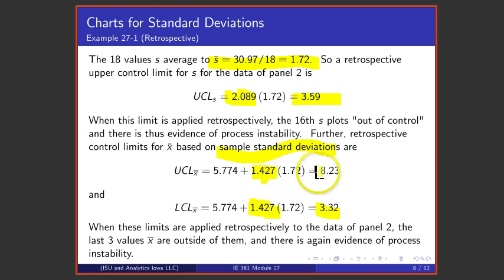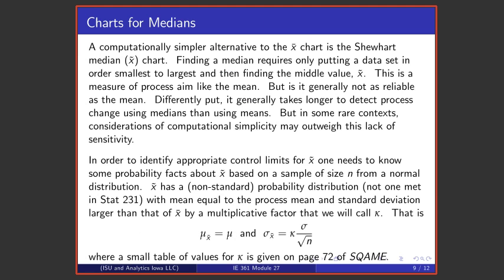Here are retrospective control charts for X bar based on S bar, and if one applies those control limits to averages in that Deming drama data, again there are X bars outside of those limits. There's evidence of process instability. That's an alternative to control charting for ranges.